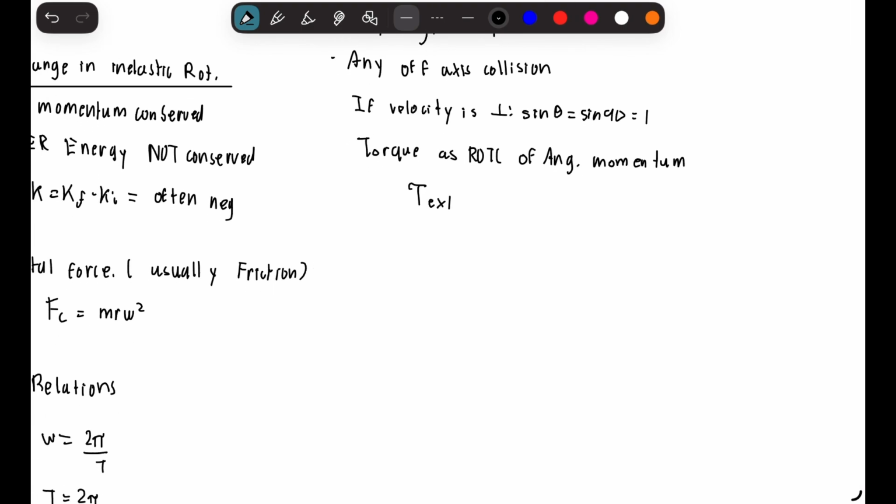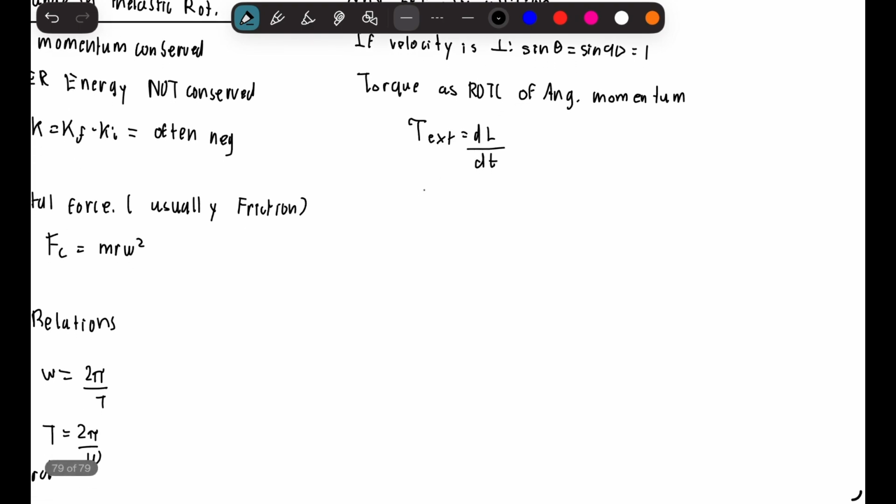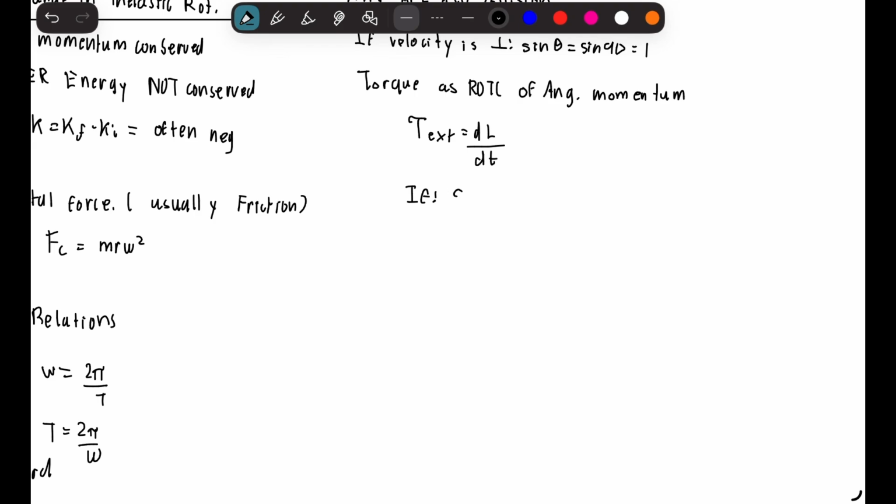Your external torque is equal to dL/dt. So that means that if your external torque is equal to 0, then your angular momentum is going to be constant. For example, this is like when we have platform problems, or when you have a figure skater that's pulling their arms in, or a bullet collision about a pivot, or if you have a ring dropped on a disc.